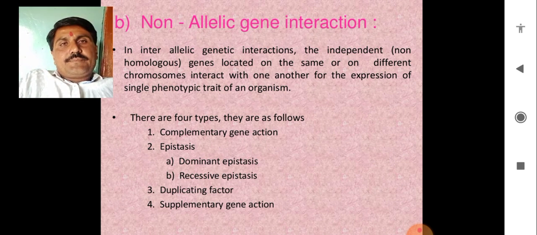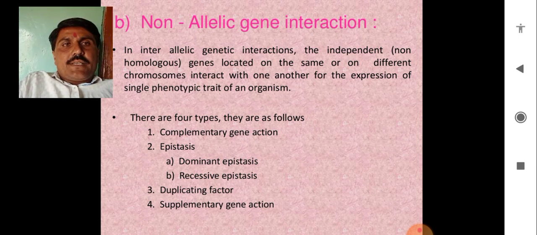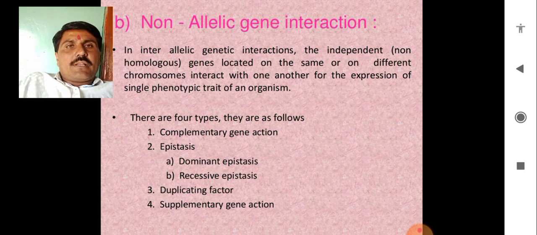What we see in non-allelic gene interaction is that independent genes located on the same or on different chromosomes interact with one another for the expression of a single phenotypic character of an organism.